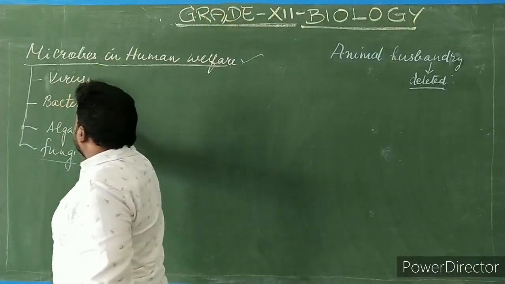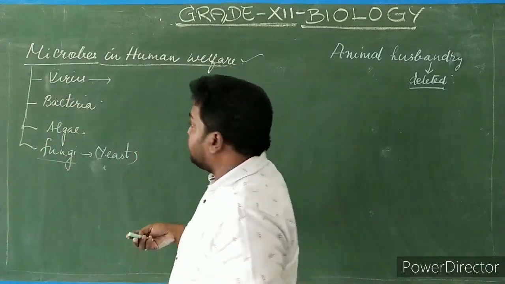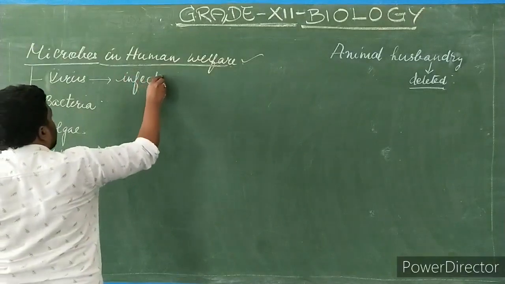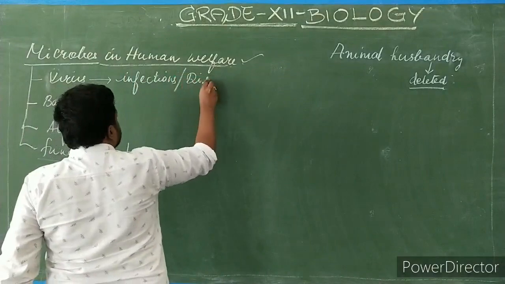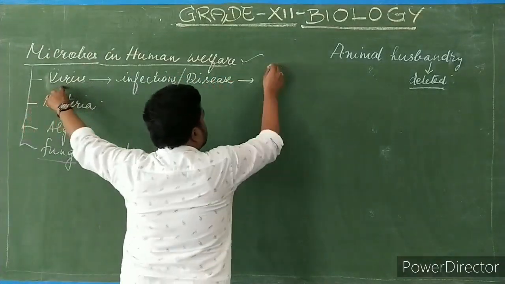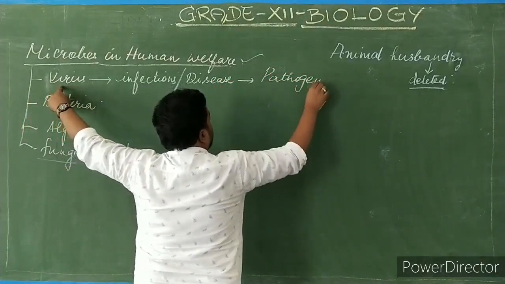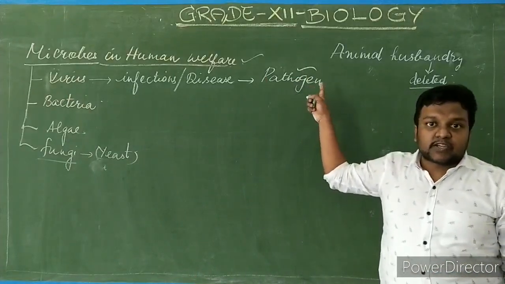The virus is a major agent causing infections, or otherwise causing disease. So we consider the virus as a pathogen. What is a pathogen? The organism which causes infection and disease.